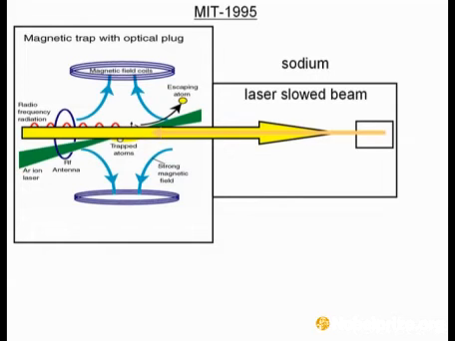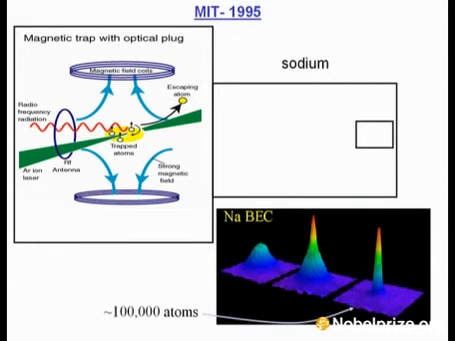And then once it's loaded, he went ahead and also did evaporative cooling again to make signals like this. And here he had, as I say, his difference: it was in sodium and substantially more atoms than in our first rubidium experiments.